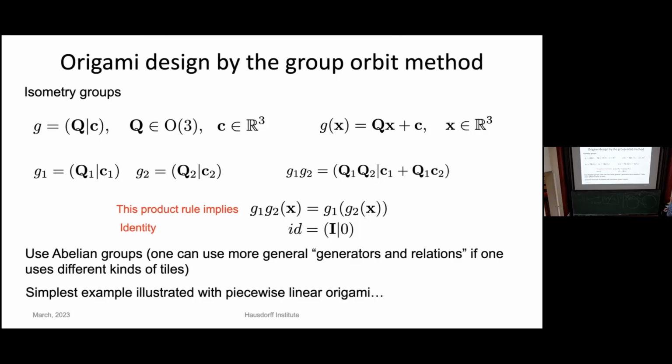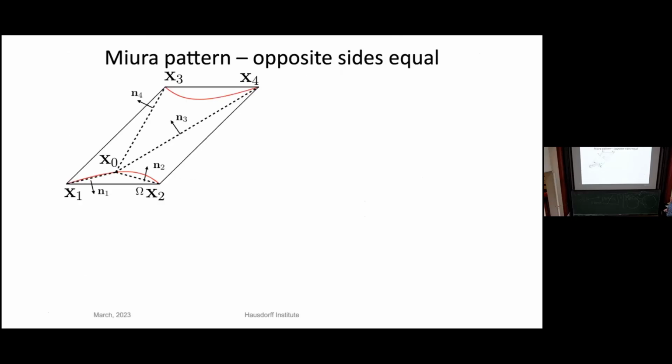So the simplest example is illustrated by piecewise. I'll take you through the steps of how you use this group orbit method. We'll go back to the Mura-Ori tile that we already analyzed, and I'm going to make it a parallelogram defined by x1, x2, x3, x4. I'll take a point x0 inside this parallelogram such that the sum of opposite angles equals pi, so all those results we had in the first lecture hold.